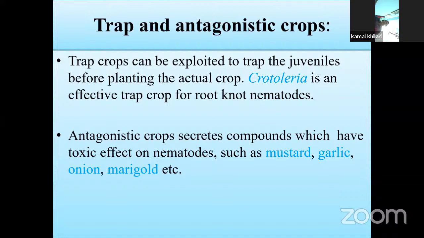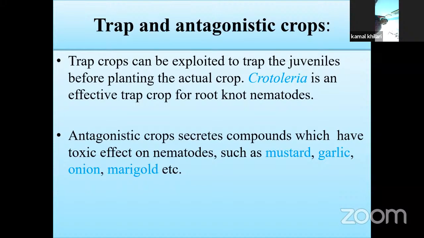And there are some antagonistic crops also, which produce some chemicals, some root exudates. These root exudates are directly or indirectly toxic to the different stages of nematode. They may be toxic to the adult, they may be toxic to the larval stage, they may be toxic to the egg stage, meaning for the egg stage they will not allow hatching.